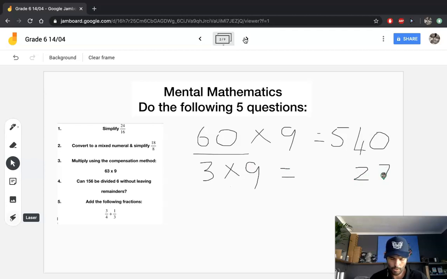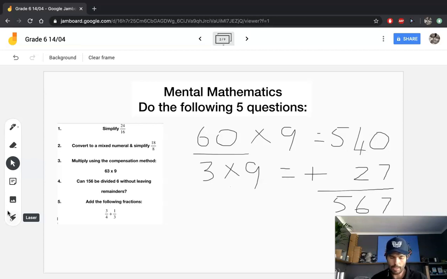And if I add those, I then get 567. I suppose you could also call that the split method, where you've split the 63 up into 60 and 3. But either way, you're either going to split it or you're going to use that compensation method to get your answer.